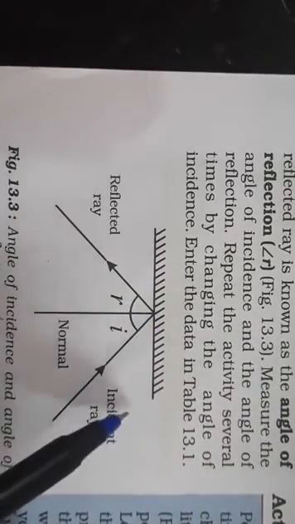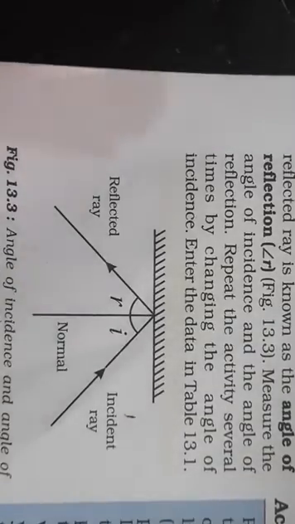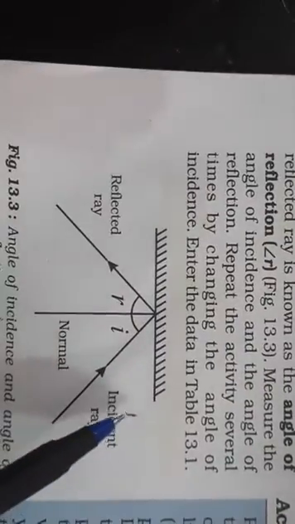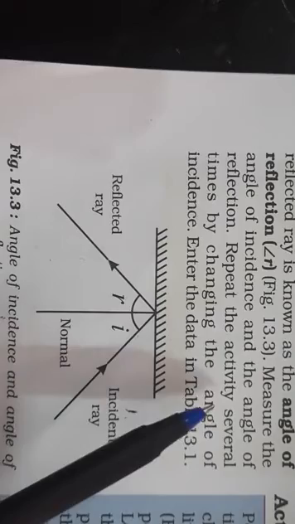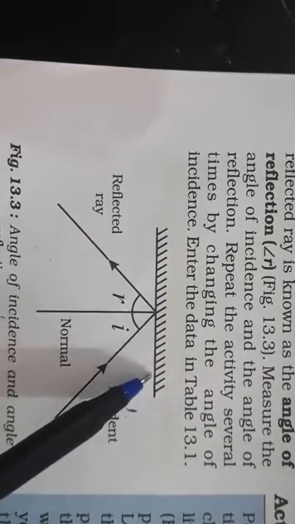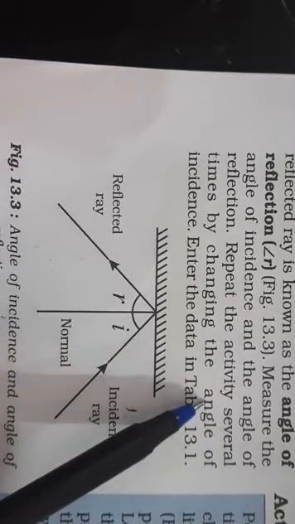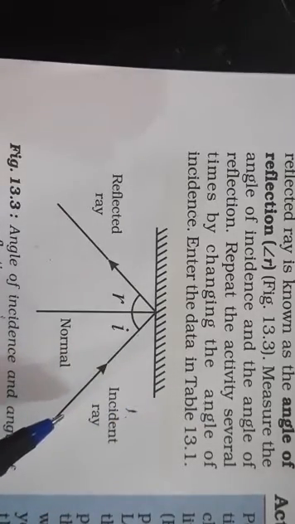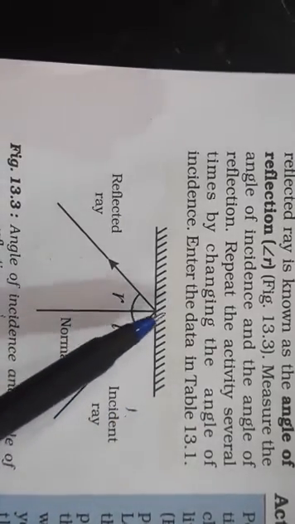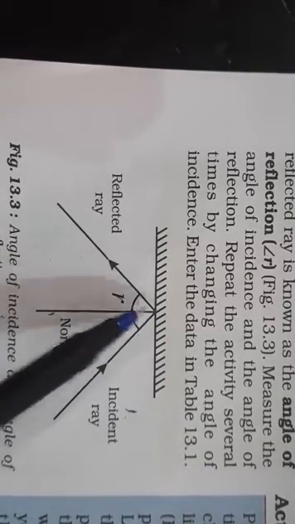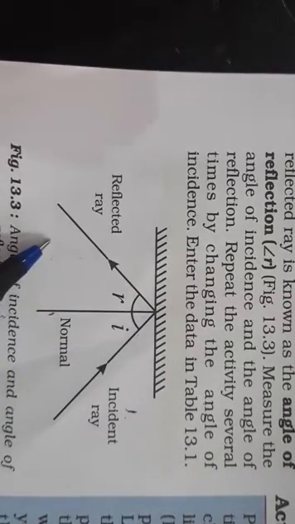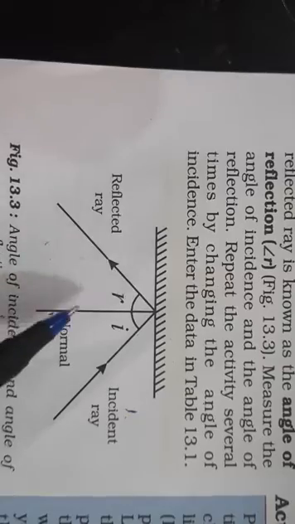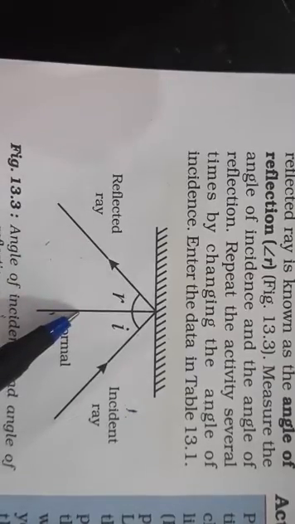This is one side of the plane, the first plane, and the other side of the mirror is the second plane. As you can see, the incident ray, the normal and the reflected ray all lie in the same plane. So this is the second law of reflection.